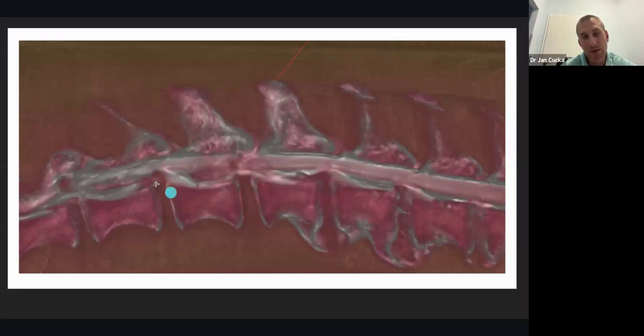TH12, TH13 intervertebral space here, but the disc material was here. So it is good to show those pictures to the owner, but usually 3D reconstructed pictures are not perfectly diagnostic.